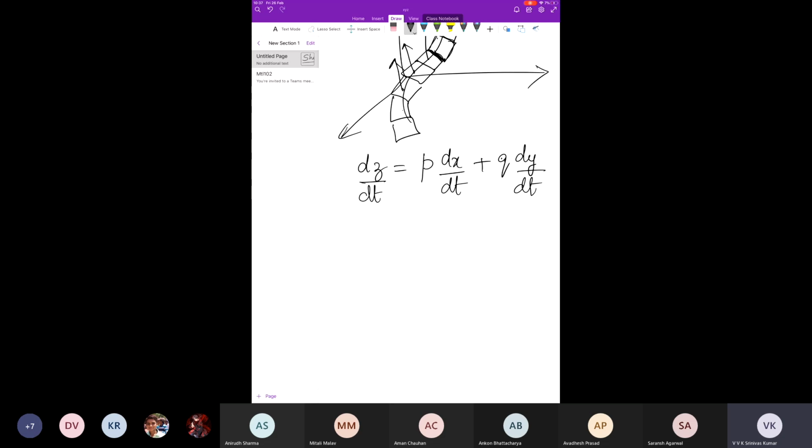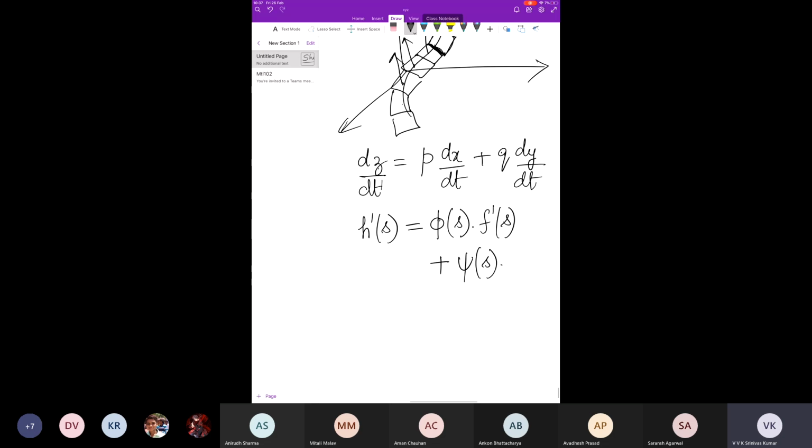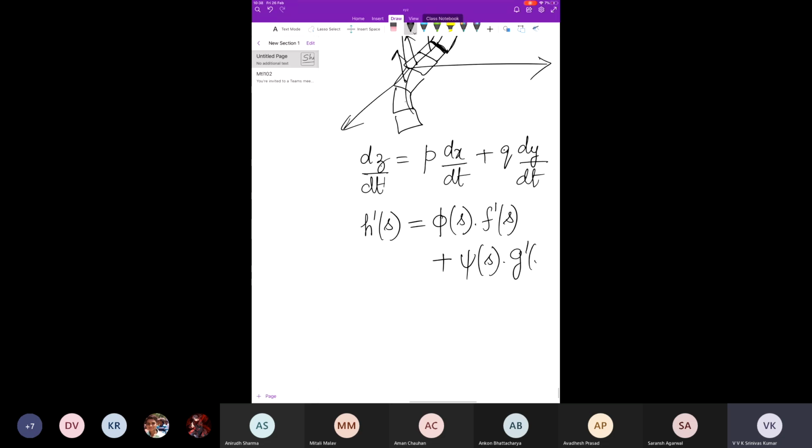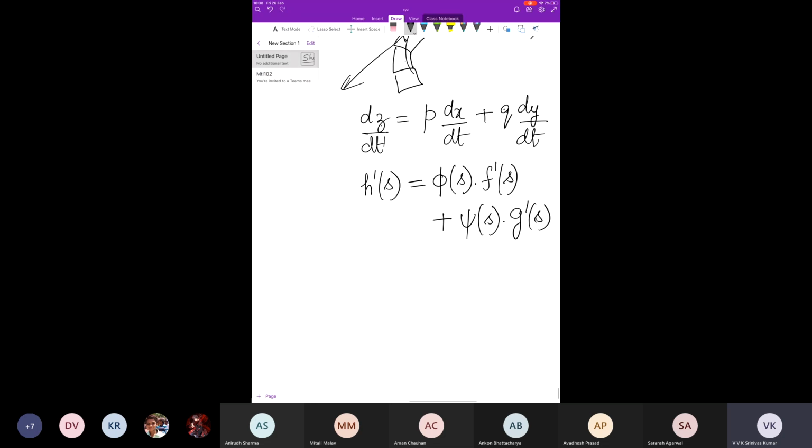At the initial phase itself this should be satisfied: h prime s is equal to initial p, which is phi s, times dx by dt, which is f prime s, plus initial q, which is psi s, times dy by dt, which is g prime s. This is the second condition.